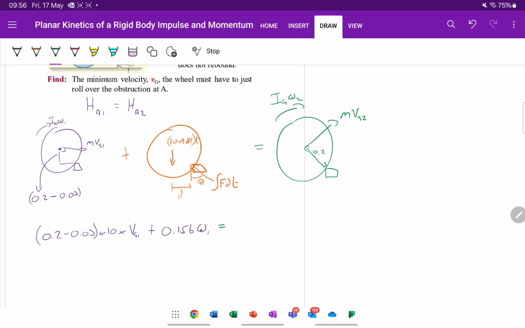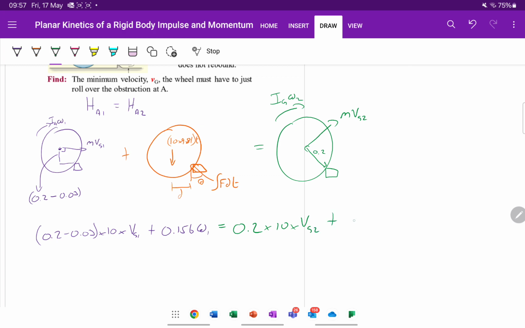So in our green diagram, we're going to have exactly the same sorts of calculations, but this time G is 0.2 meters away from A because it's just lifting off the ground. The distance between G and the point it's rotating about, the perpendicular distance, is now 0.2 times 10 times Vg2.